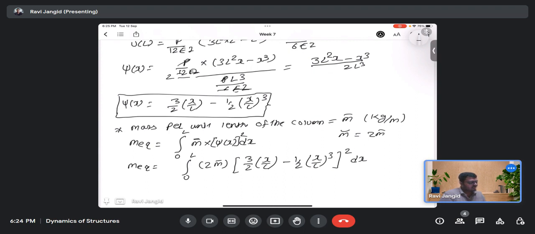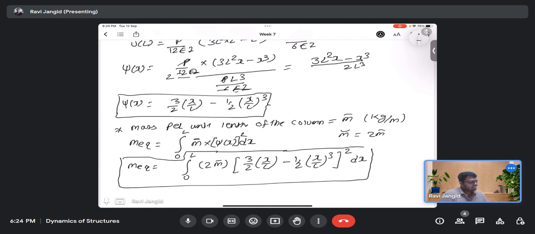So can you solve this for me to find out the m equivalent? Give a try to find out m equivalent.